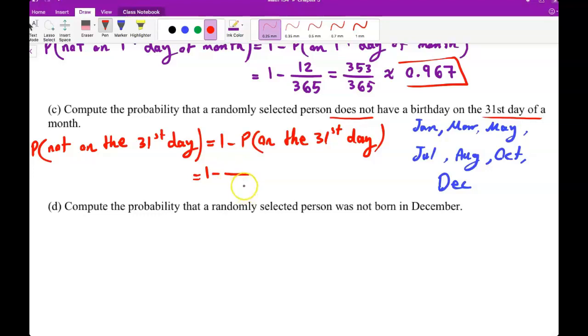That's 1 minus, the denominator is 365, and in total we have 7 months. Round that, it is 0.981.